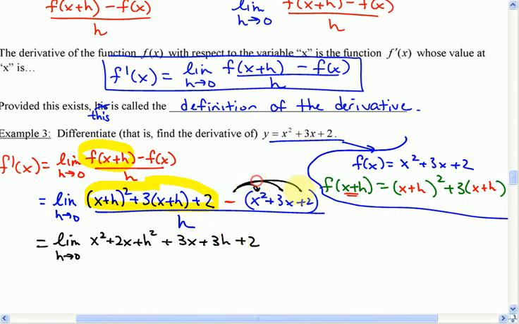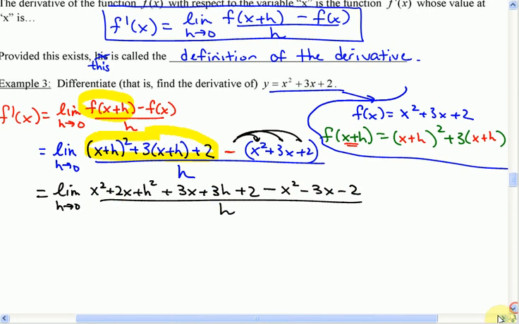We're going to distribute this minus sign. We're going to divide this entire thing by h. We're going to get very scared because there are so many terms. But you should be able to simplify.